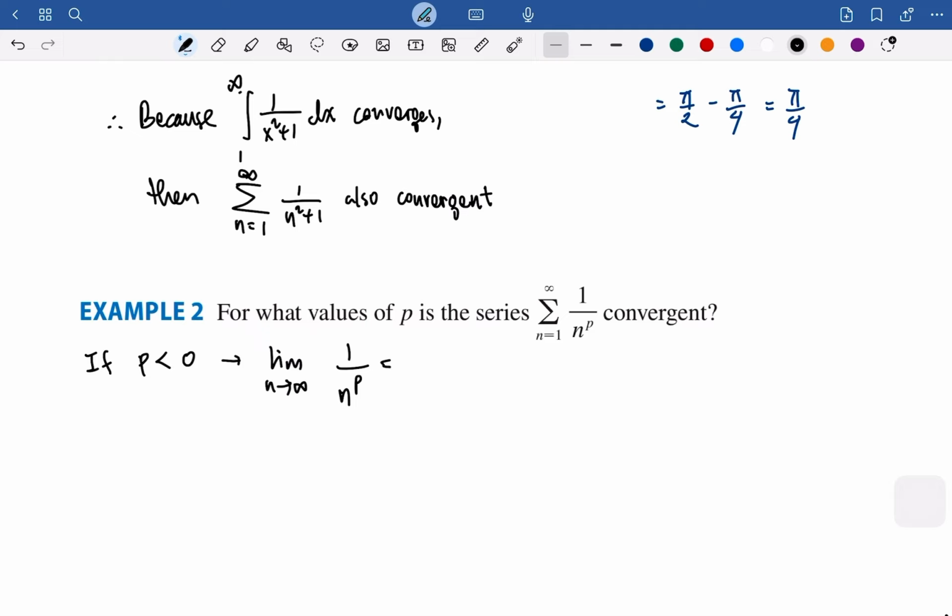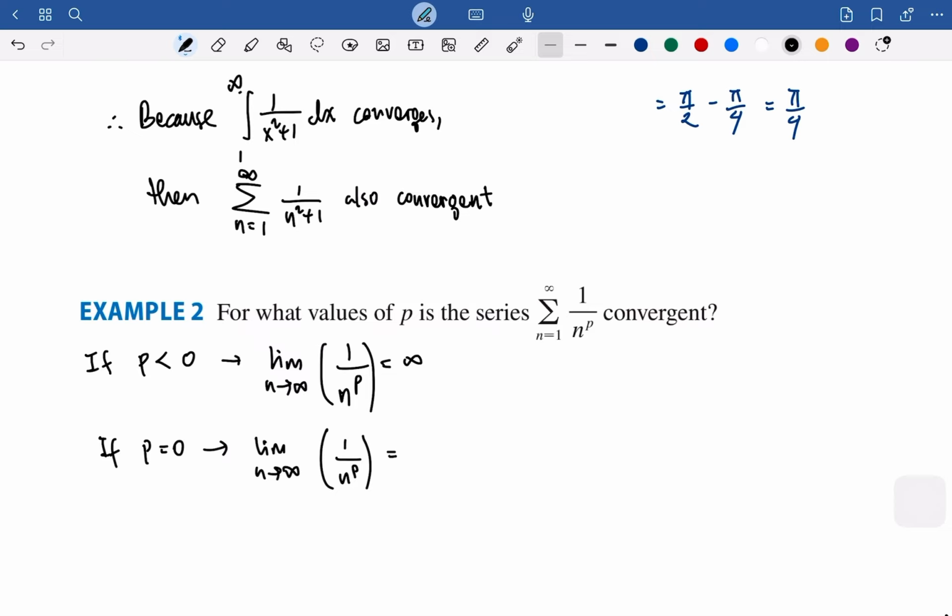So we can say that this will be infinity. And if p is 0, this will be equal to 1. For sure, right?